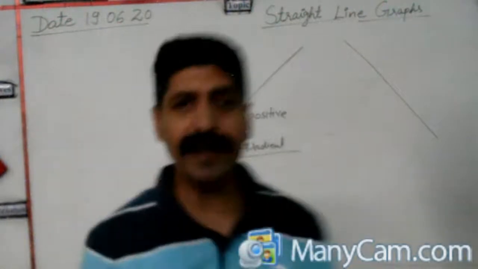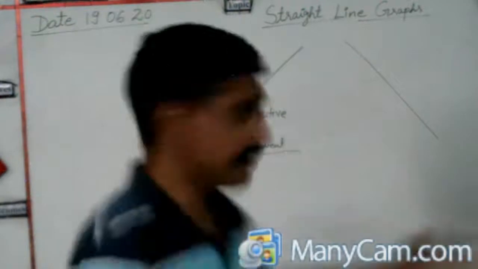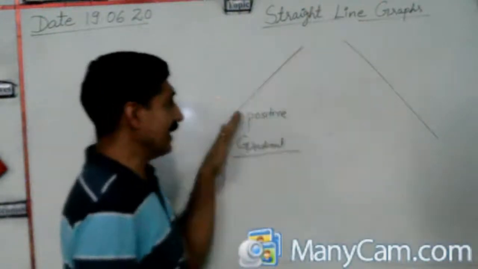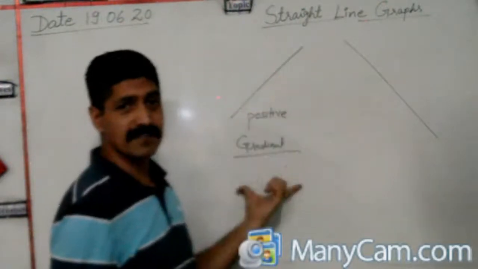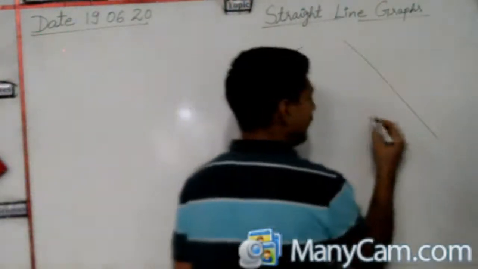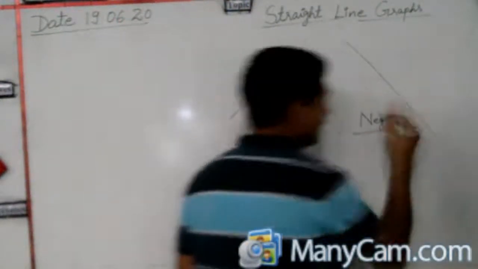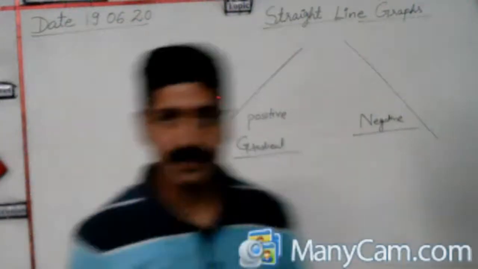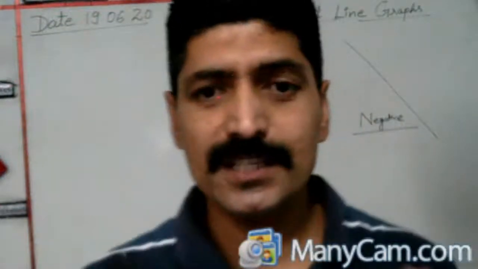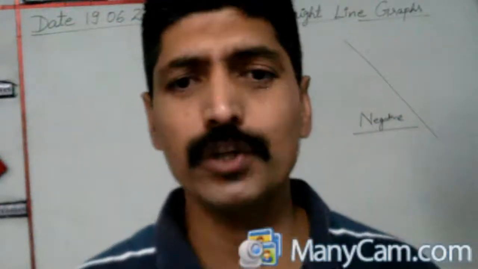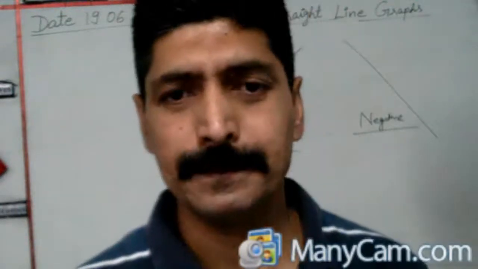The gradient and the slope are one and the same thing. So when a line has this kind of slope, that is always positive, and here this is the negative slope or the negative gradient. Let me make it clearer by taking the slope of any horizontal line or the slope of any vertical line.